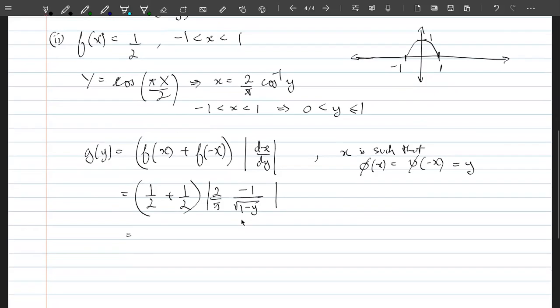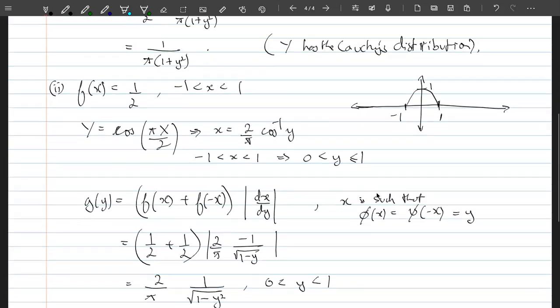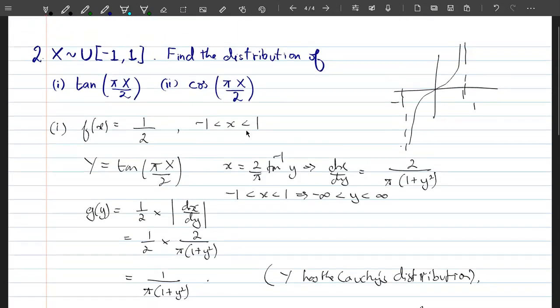So adding these up is 2 by pi times 1 by square root of 1 minus y square for y between 0 and 1. The modulus cancels out the minus. And it's easy to verify that this is a valid PDF. So whatever we've done here is correct. So that is what happens in this case.